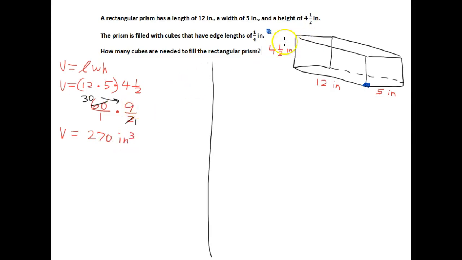And now to find the number of small cubes that fits into this, we would divide the volume of the prism by the volume of the cube. So I'll say that. Number of cubes equals the volume of the prism divided by, remember fractions mean division, divided by the volume of the small cube.